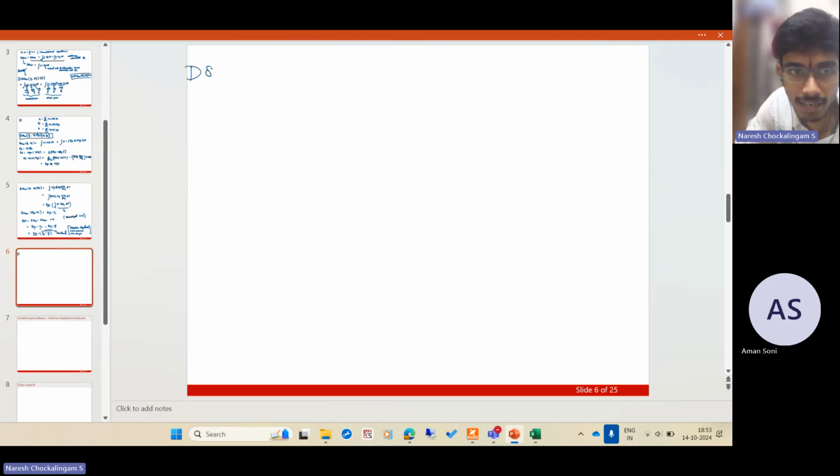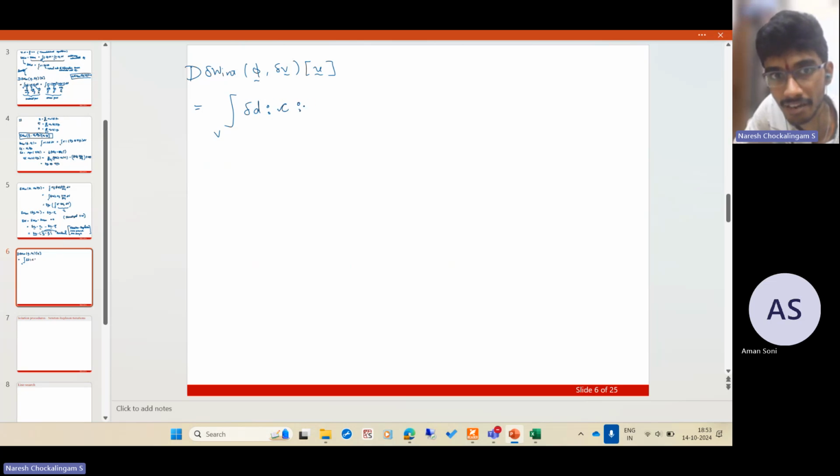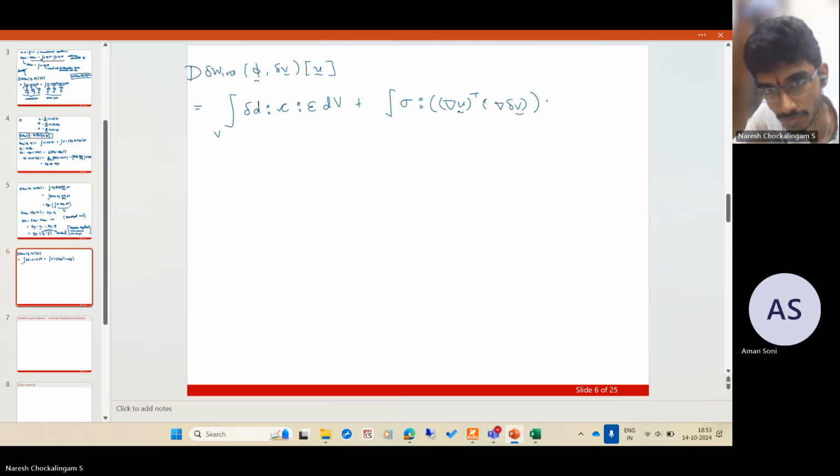It is d del W internal at a configuration with respect to virtual velocity field del V in the direction U, which is nothing but, as I just wrote, integrated over the current volume, the virtual rate of deformation tensor, spatial elasticity tensor acting on the infinitesimal strain tensor, plus integral sigma contracted with del U transpose del V. So this is a vector, gradient of a vector is a tensor.